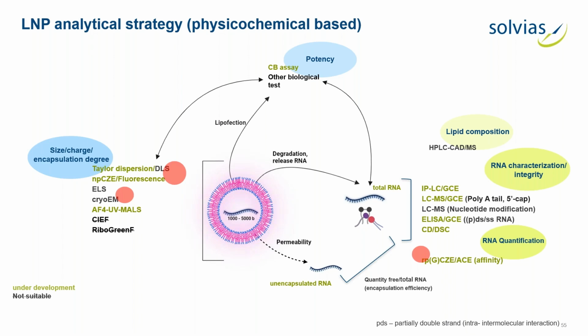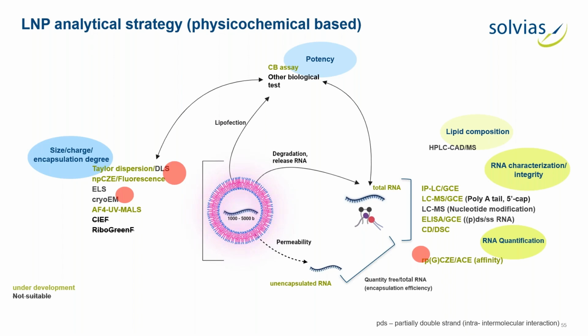On the right side, the analysis on the molecular level with the focus on the RNA, and this means we have to learn a lot of new things, the poly-A tail of the RNA, or the differentiation between single-strand and double-strand structures, but also the quantification of unencapsulated RNA and the total.